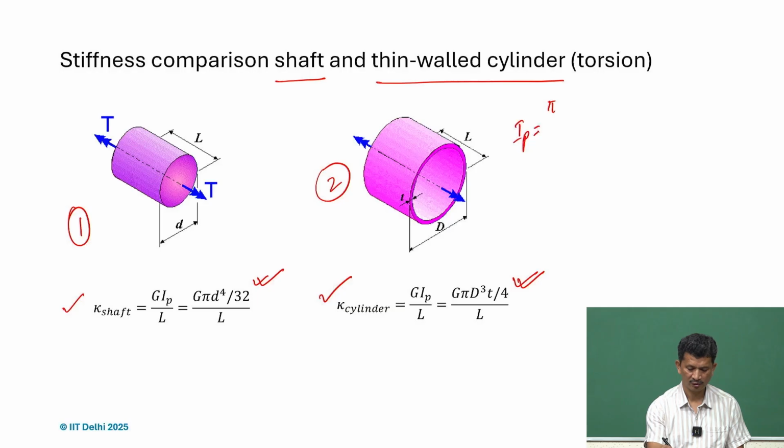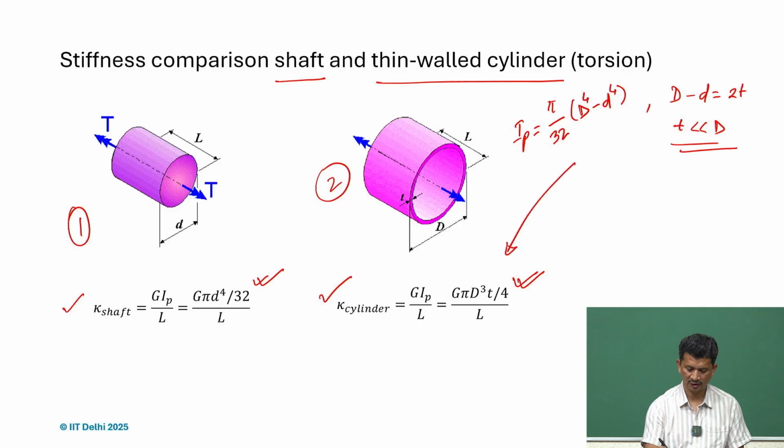So, IP is pi by 32, and here d to the power 4 minus d to the power 4, and we also know that D minus d will be 2t, and assuming that t is very small compared to d.